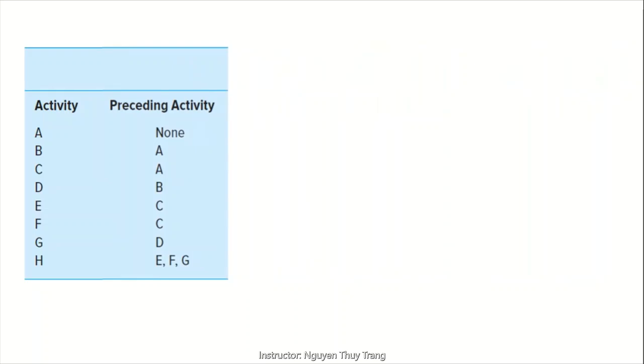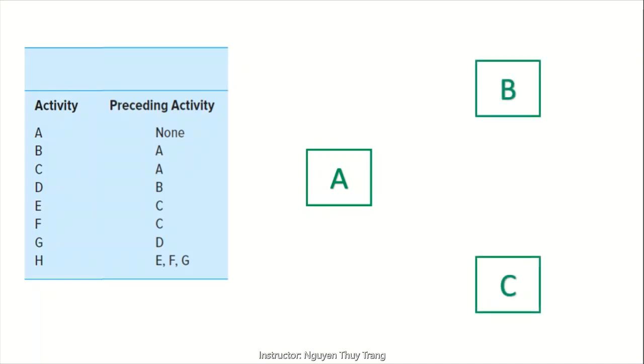We see that activity A has nothing preceding it. Therefore, it is the first node to be drawn. Next, we note that B and C are both preceded by A. We draw two arrows from A and connect them to activities B and C. It means A must be completed before activities B and C can begin.